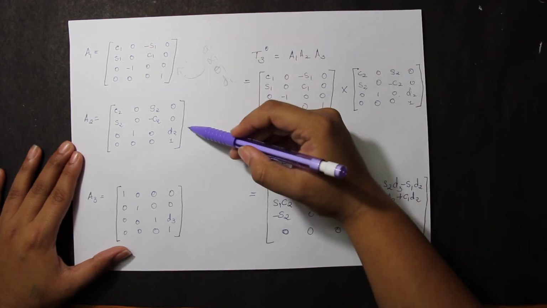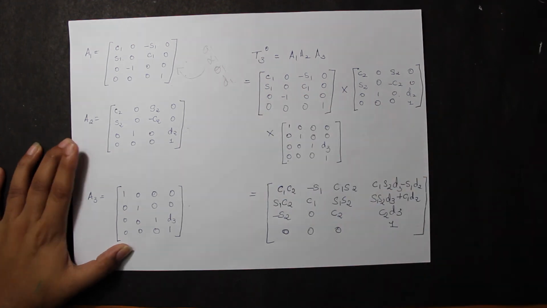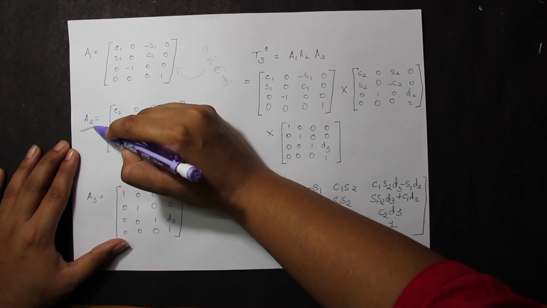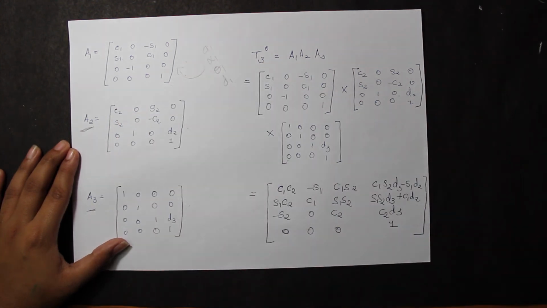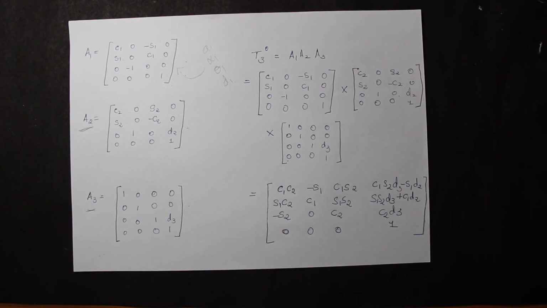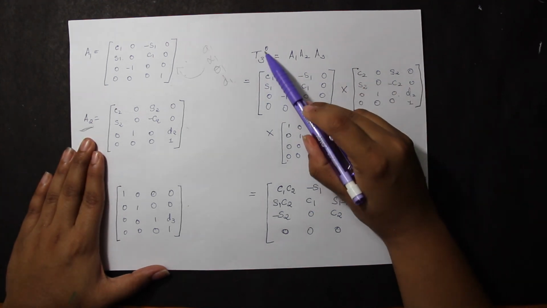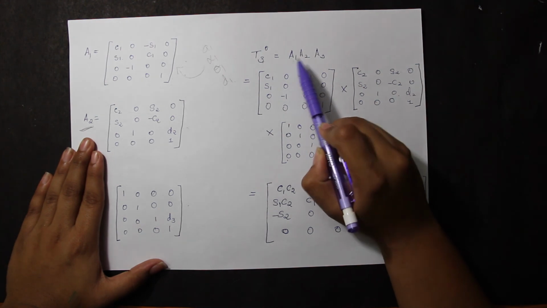Similarly, if you find the values for link 2 and link 3, that is, the homogeneous transformation for link 2 and for link 3, you'll come up to something like these two matrices. Now, as we have seen in the earlier videos, if you want to find the T matrix of the 3rd frame with respect to the 0th frame, we do it as A1, A2, A3.